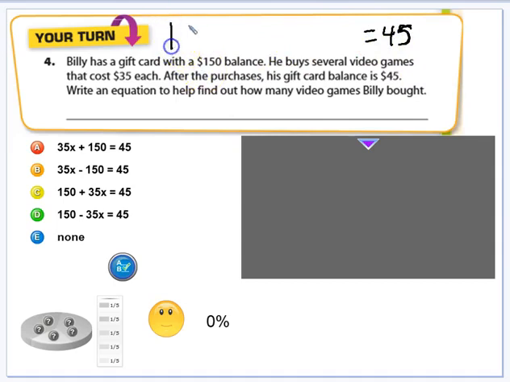So if he starts off with 150 and then each game is $35 each, and then it ends up being 45, we are going to subtract. So it's 150 minus 35x, because 35 times each game will give us a certain amount that you will subtract from 150 to get 45.